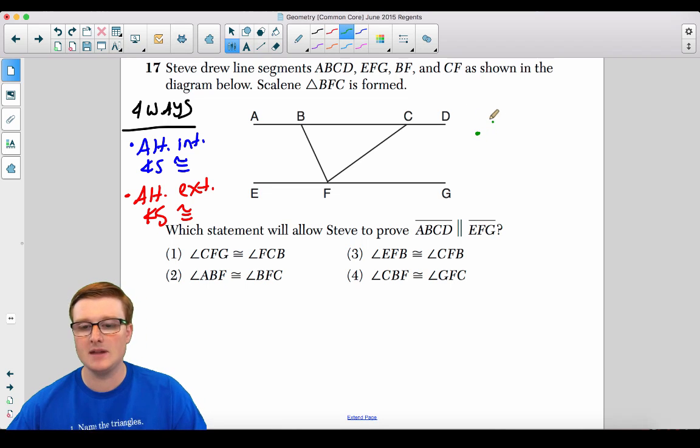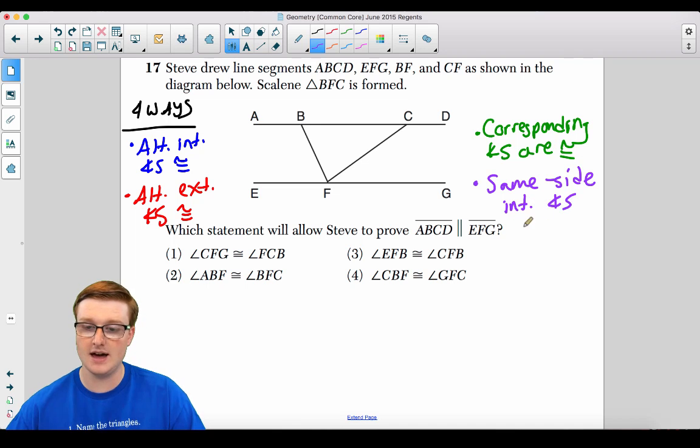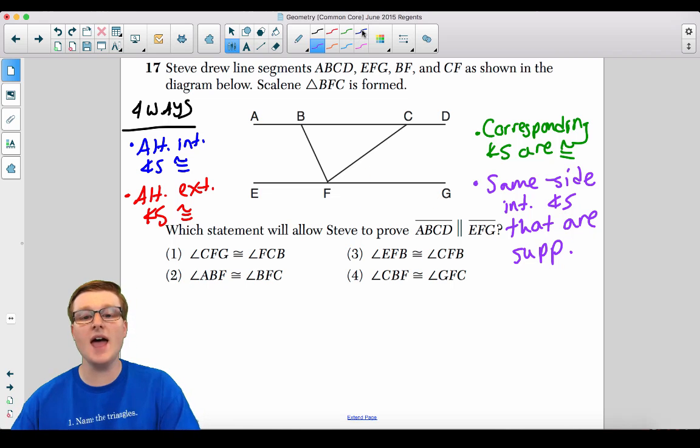The third way is corresponding angles are congruent. And last but not least, the fourth way is if you have same side interior angles that are supplementary, meaning that they add to 180 degrees. So if you could prove any one of those, the lines are parallel.